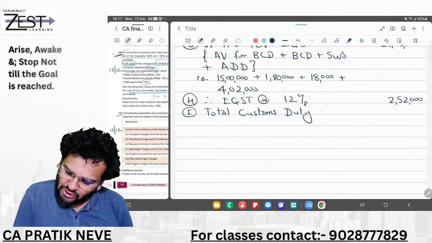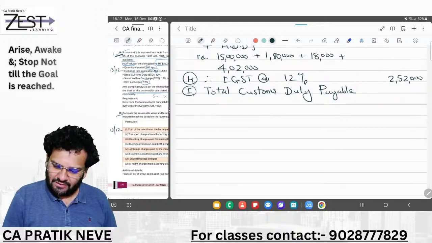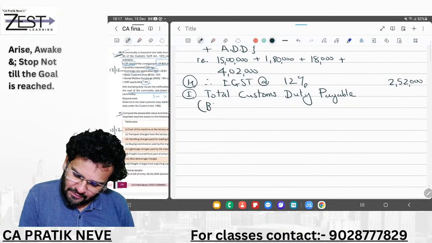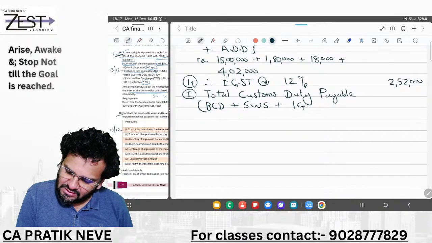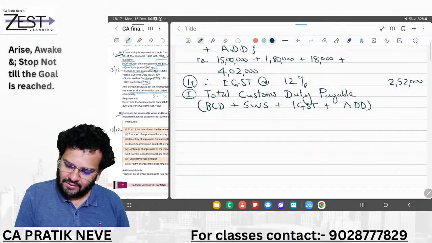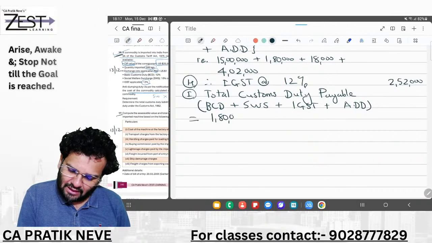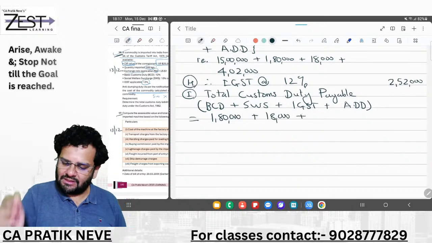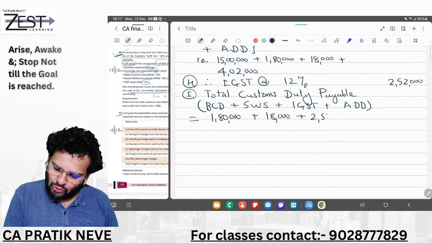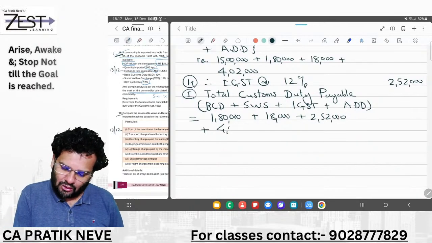I'll tell you two ways of finding this. One way is to add all the duties. Which duties do you have? BCD plus SWS plus IGST plus anti-dumping duty. Add all those things. BCD is 1,80,000, SWS is 18,000, IGST is 2,52,000, anti-dumping duty is 4,02,000.